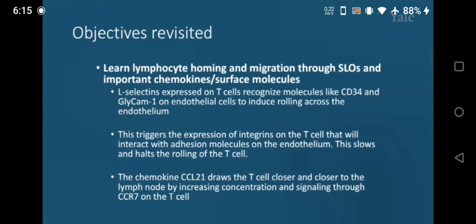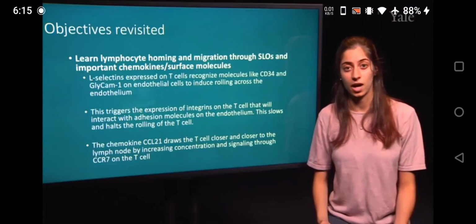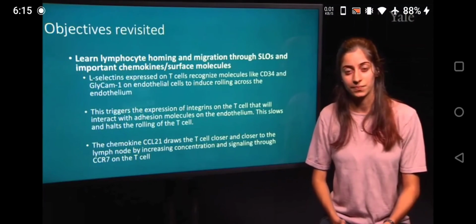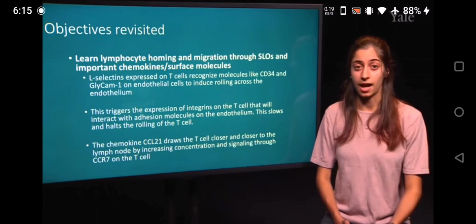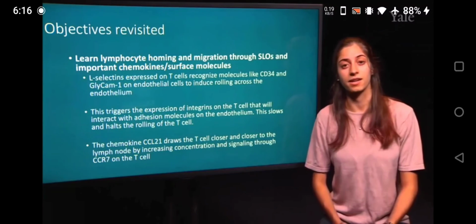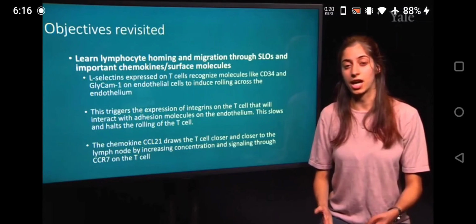We also learned that this rolling triggers the expression of integrins like LFA-1 on the surface of the T cell. These integrins then interact with molecules like ICAM-1 on the surface of the endothelial layer that will cause it to adhere to the endothelial layer and stop its rolling action.